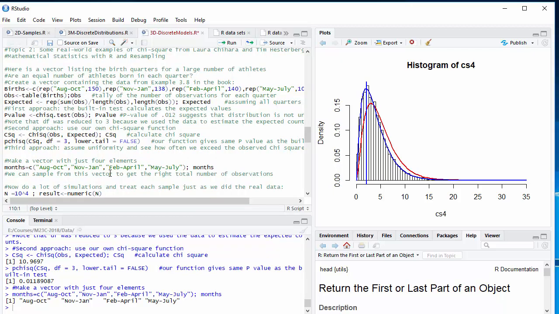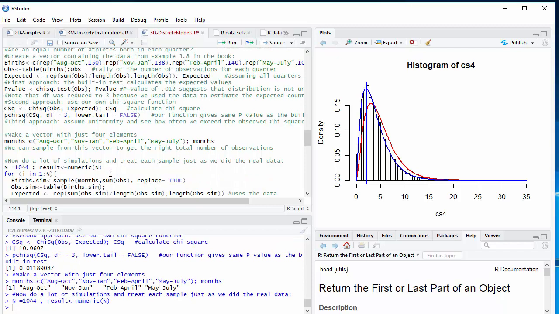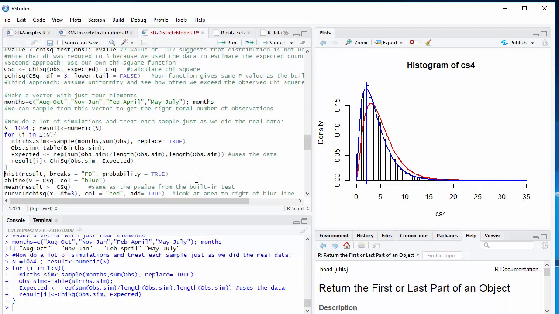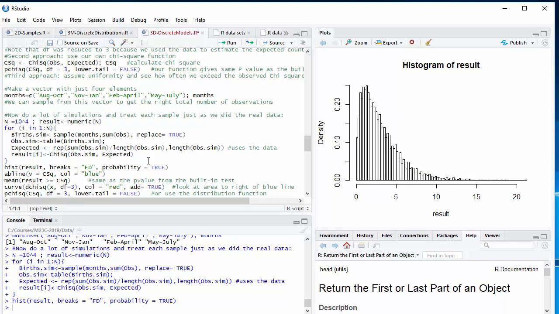We make a vector with 4 elements, and then over and over again we sample from that, take the sum of the observations, and from our simulated observations and the expected value in each quarter, if these were uniformly distributed, we calculate the chi-squared function. We plot a histogram of the result.